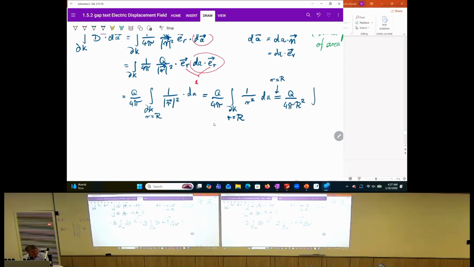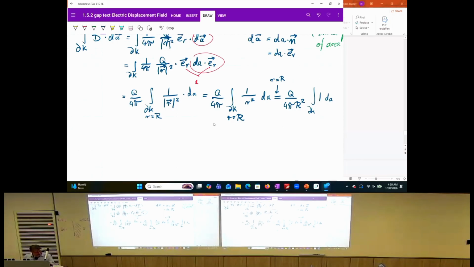And what remains is the integration over the constant 1 over the surface of that sphere.